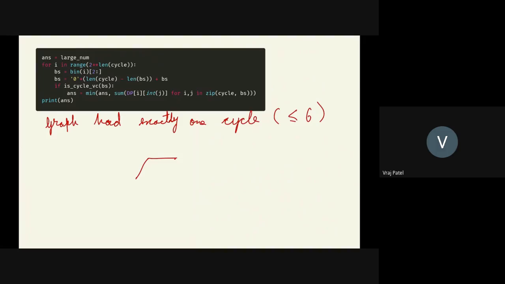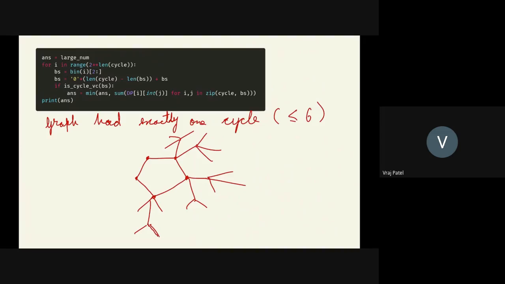You will have some kind of a cycle, maybe five. For this example, let us take a five-cycle, and on all of these nodes you will have something like this. There might or might not be anything on some of these nodes.